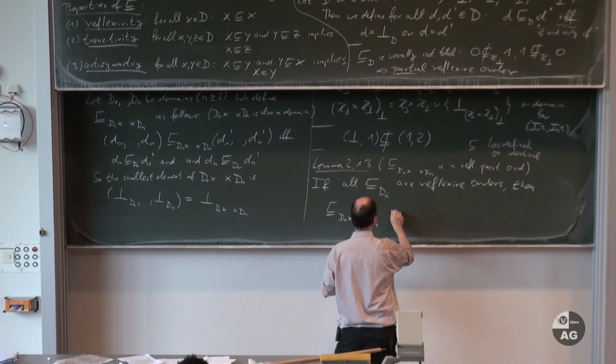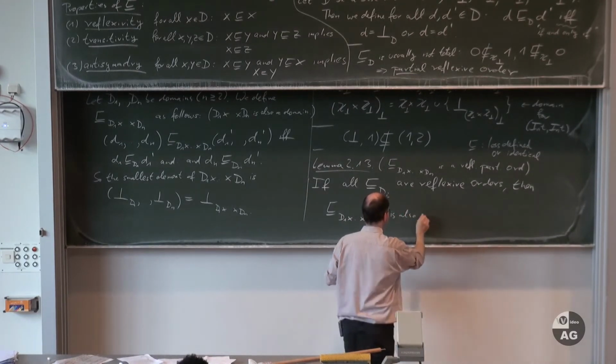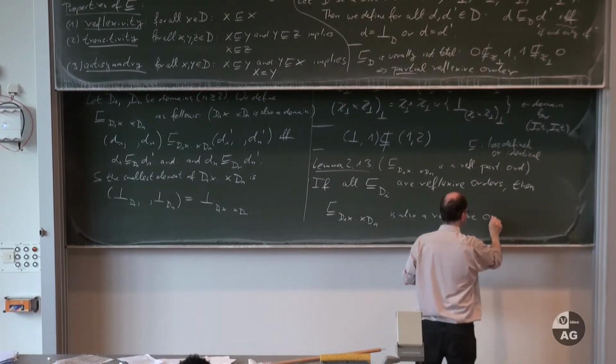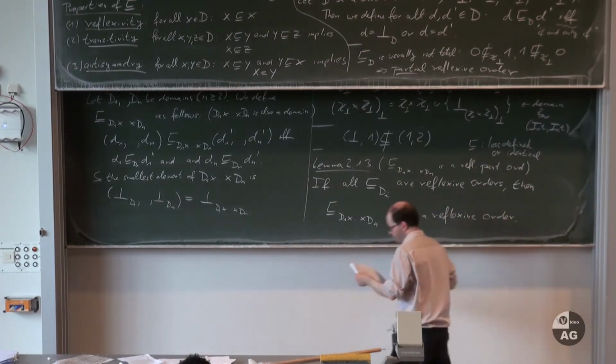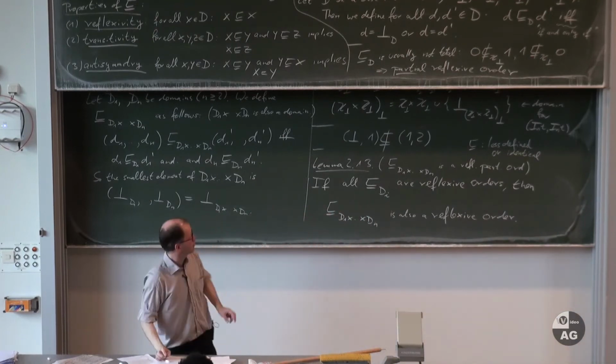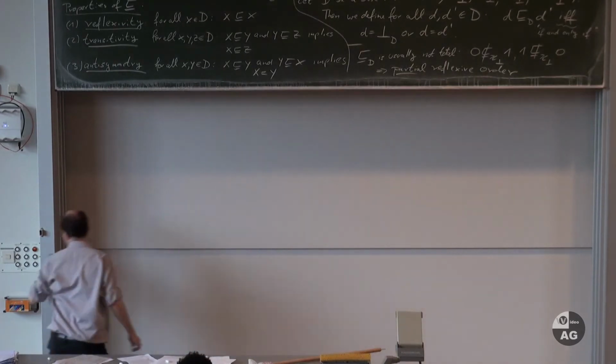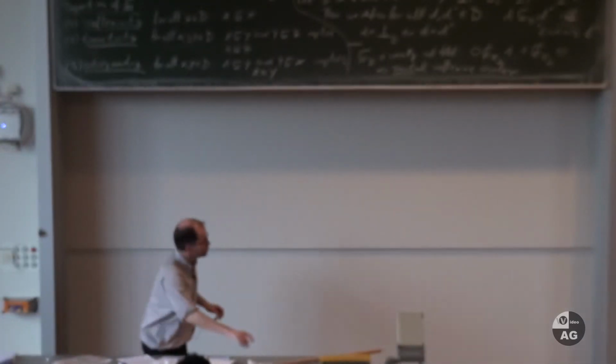Then this is also a reflexive order. So this is something we can prove. And since we didn't yet prove anything in this lecture, let's do this, or at least let's start with it. It's very simple.